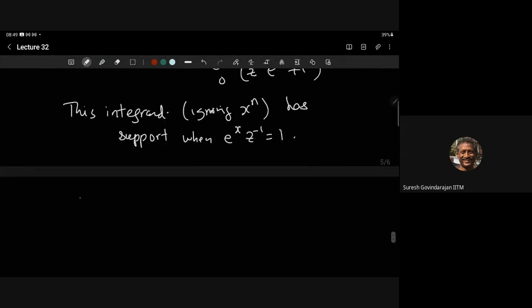So we can make a change of variables. We'll make the following change. Let y be equal to x minus beta mu.